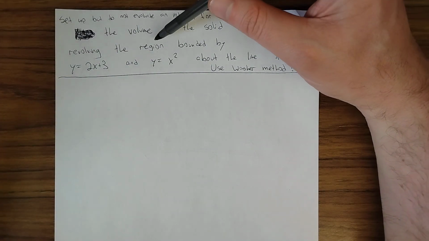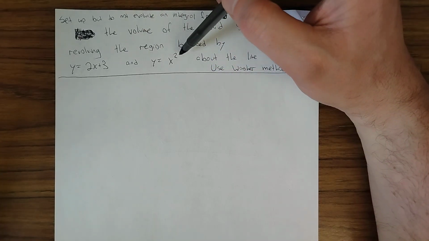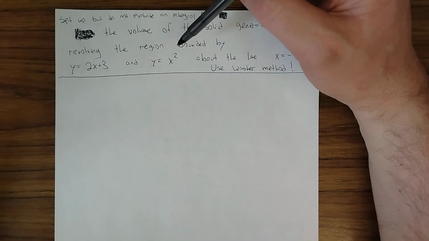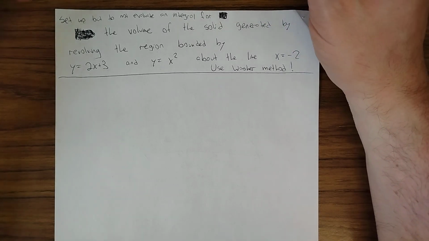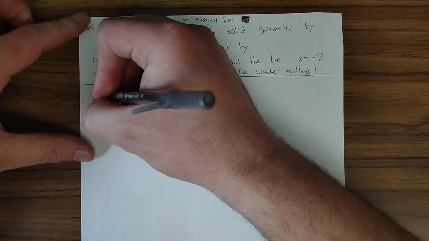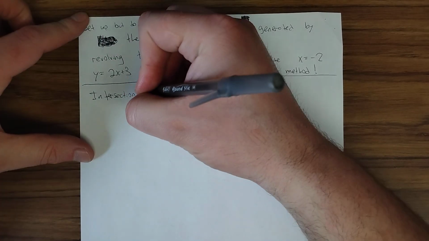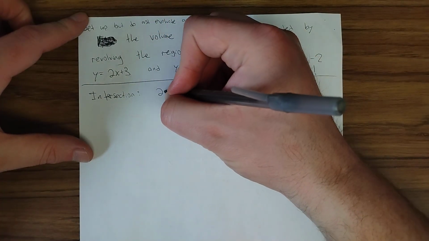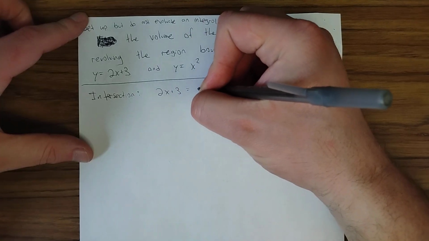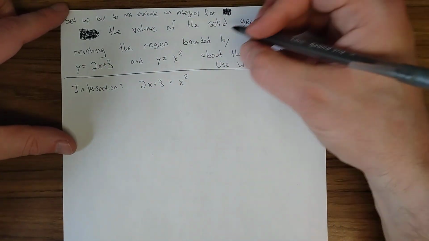So I've got my region bounded by two curves, and I'm going to want to know points of intersection, so that's a good place to start. So set this equal to this.